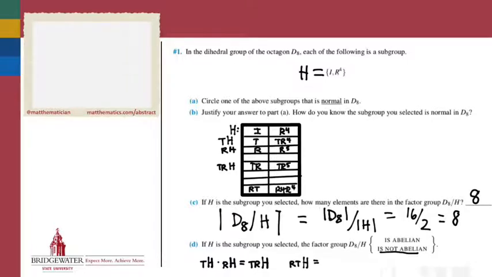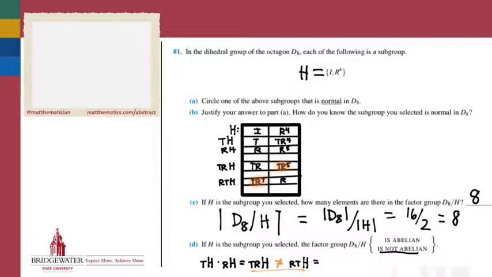And when you simplify those, RT is going to be TR^7, right? TR^7. And RT times R^5 is going to be R to something. But the point is, this TR^7 belongs to one of these cosets and not the other. So these two are not the same. Right. So this factor group is not abelian.